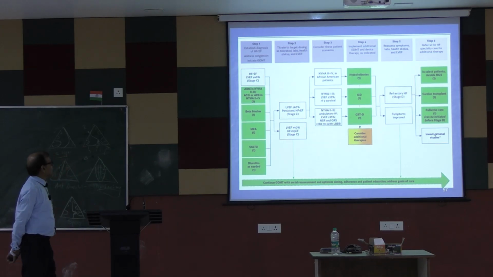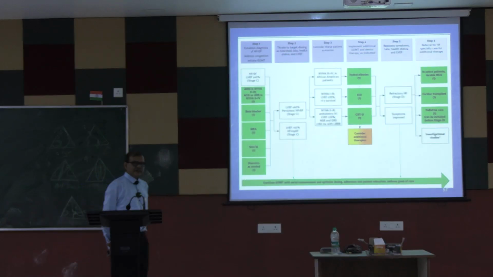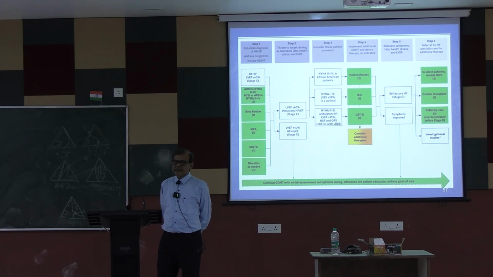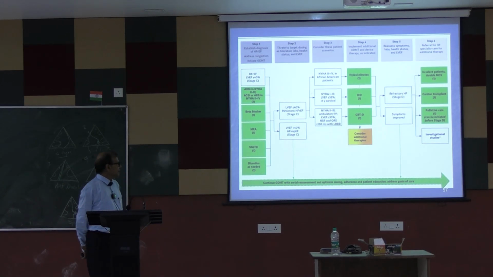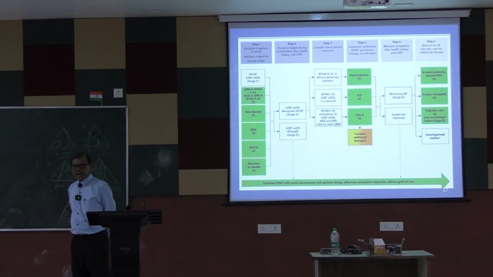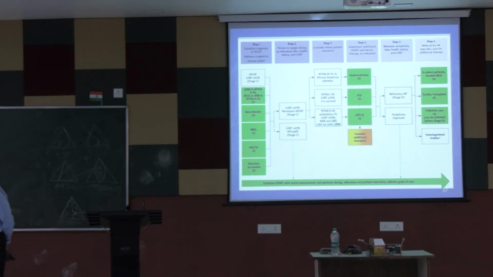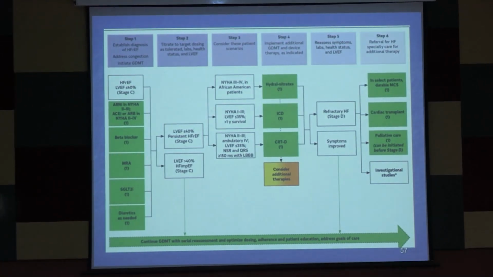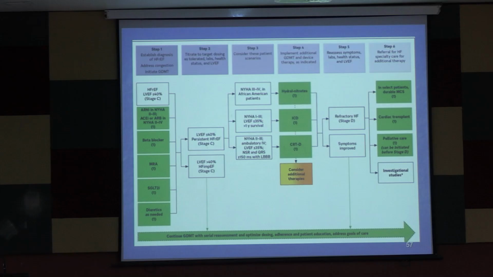Then step 5, refractory heart failure, that means translation into stage D, or there may be improvement in the ejection fraction. In the second case, again, continuation of the GDMT, optimization and titration of the dosing, patient education, and address goals of medical care.